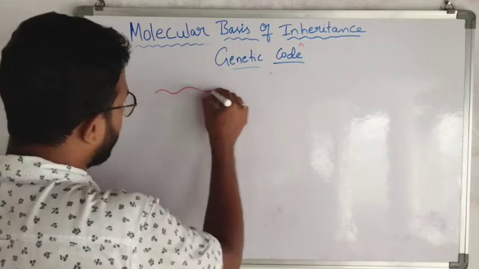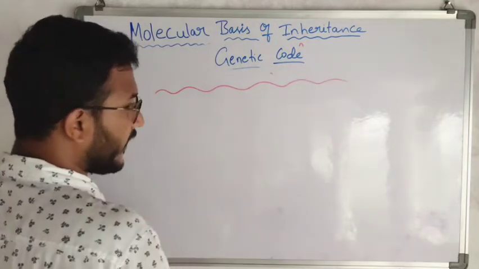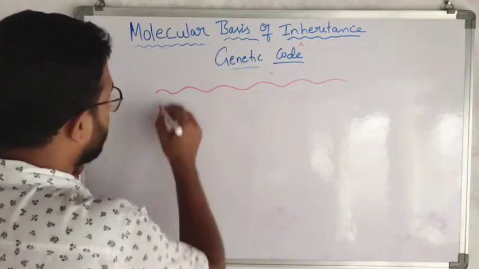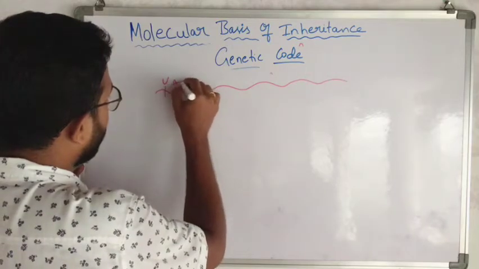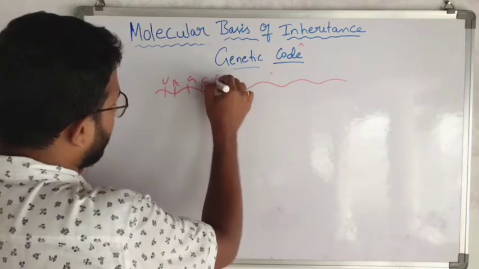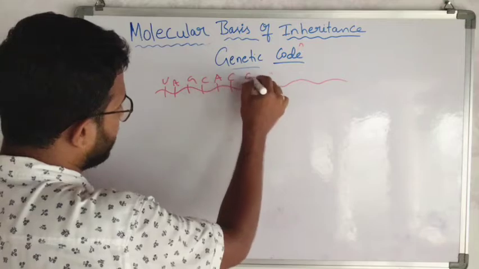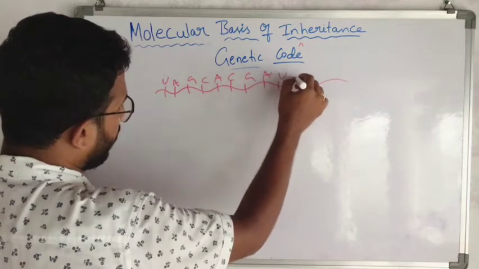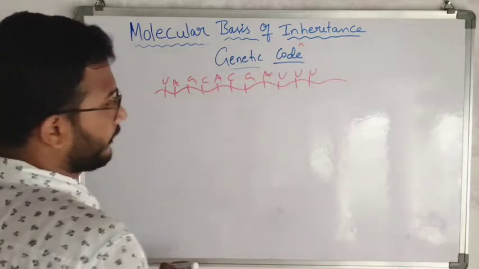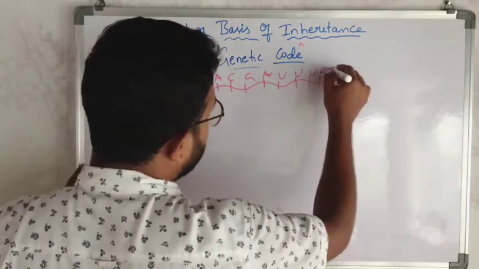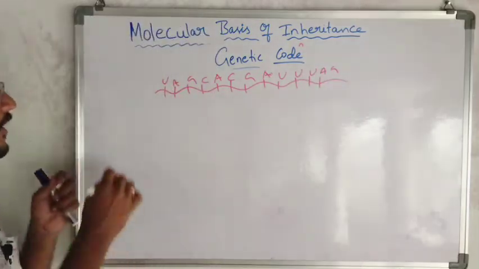I am drawing an mRNA here. mRNA contains the nucleotide sequence only. For example, U, A, G, C, A, C, G, A, U, U, U, and A, G. So this is an mRNA.